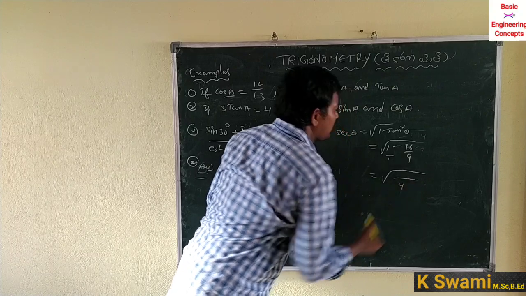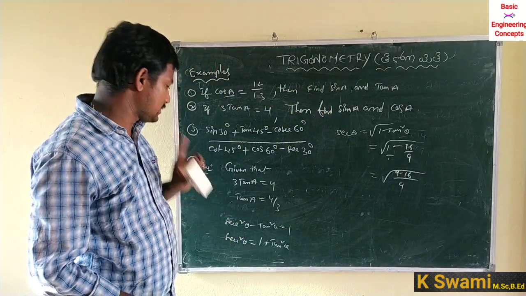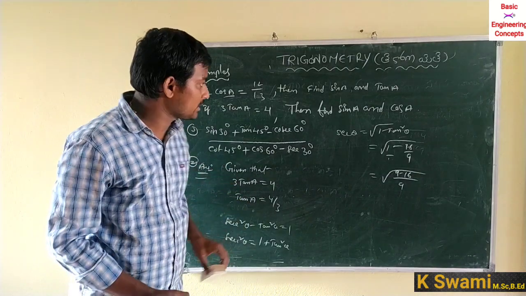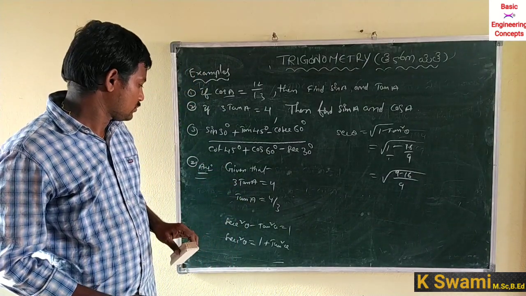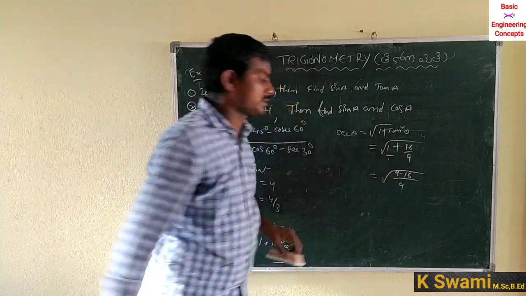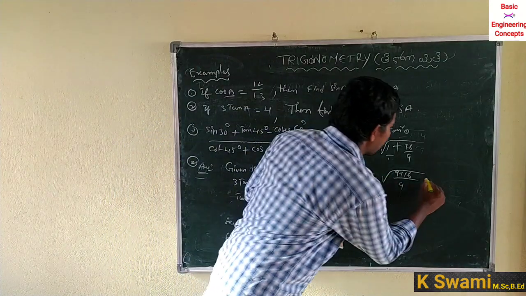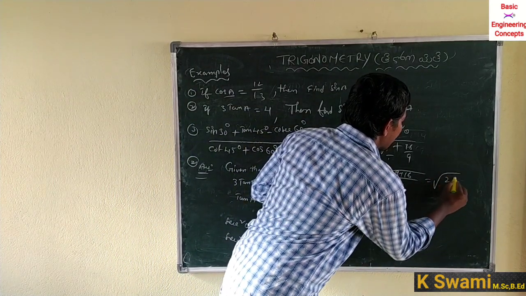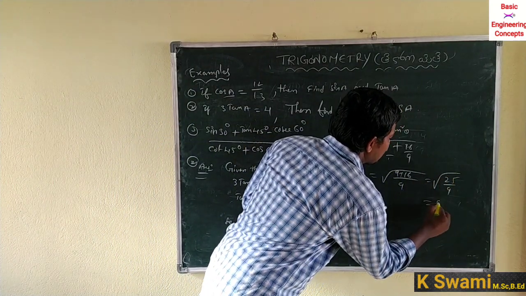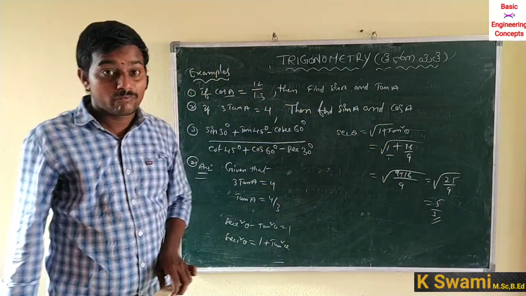So 1 plus tan square theta is 9 plus 16 over 9, which is 25 by 9. The square root of 25 by 9 is 5 by 3. The value of secant theta is equal to 5 by 3.